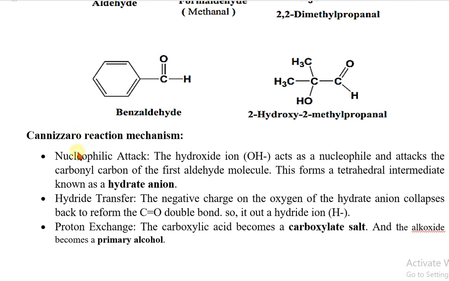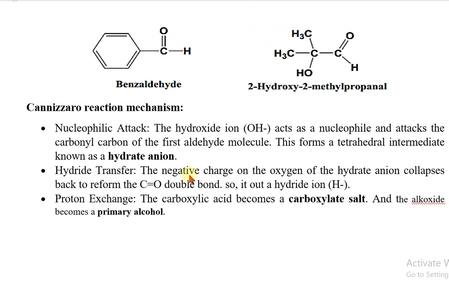So in the Cannizzaro reaction, first, nucleophilic attack: the hydroxide ion acts as a nucleophile and attacks the carbonyl carbon of the first aldehyde molecule. This forms a tetrahedral intermediate known as the hydrate ion.